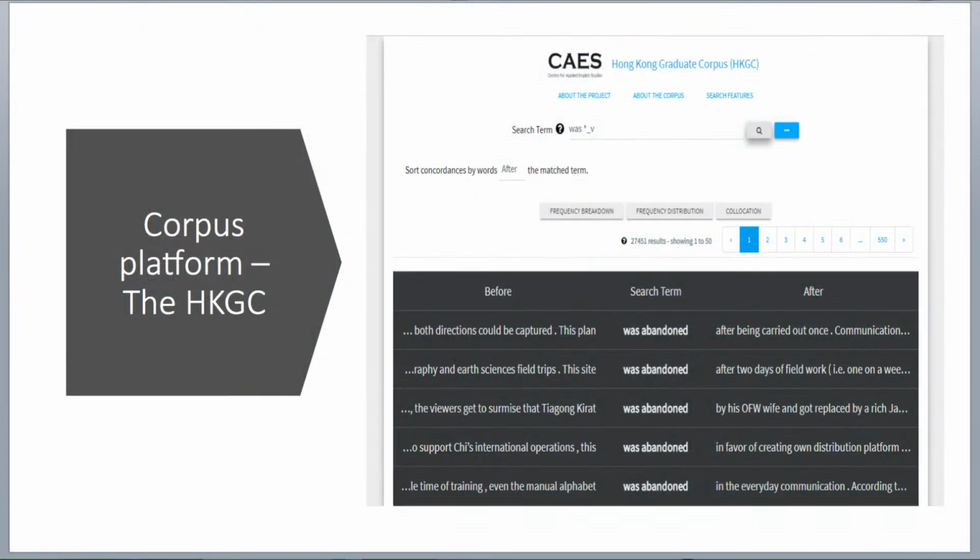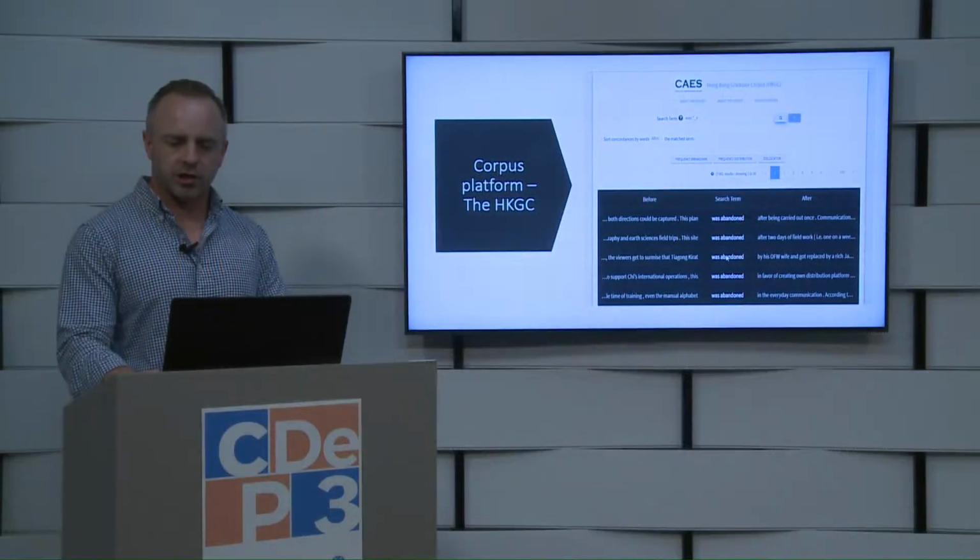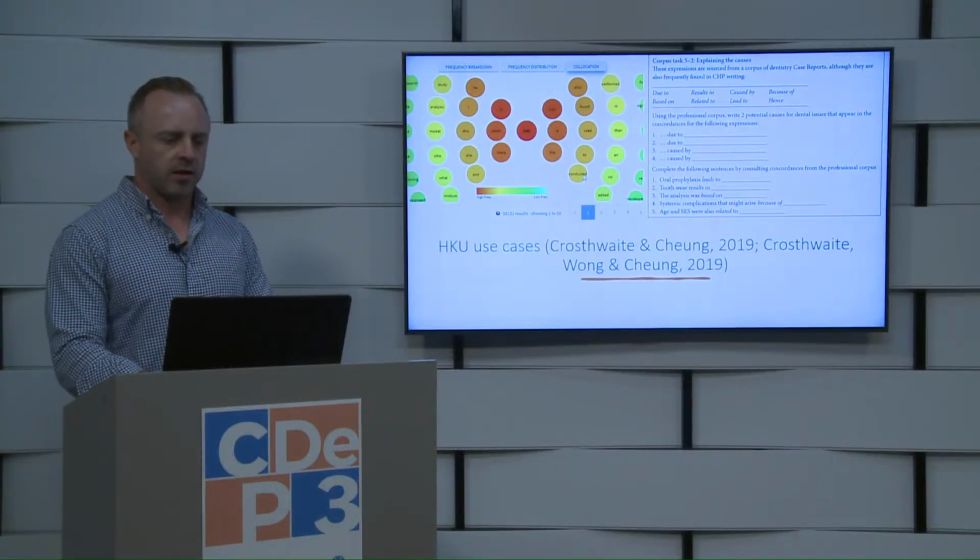Users would search for a particular kind of information in the corpus, for example, a passive voice construction, shown here with the use of was and then any verb. You'll then be taken to numerous instances of that term with some information before or after.